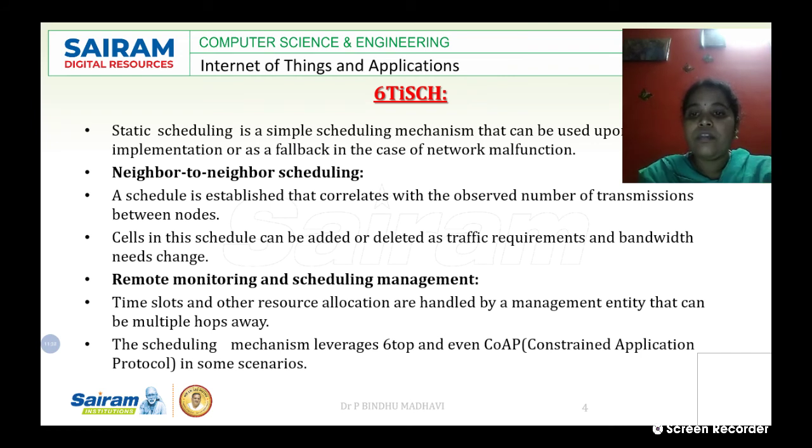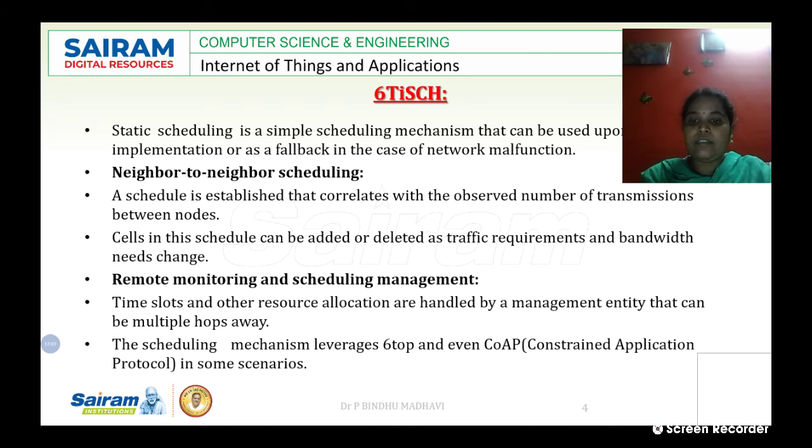So this is remote monitoring and schedule management. A number of nodes will be far from the specified location within the network, and they will be monitored accordingly. That is what we call remote monitoring and schedule management.